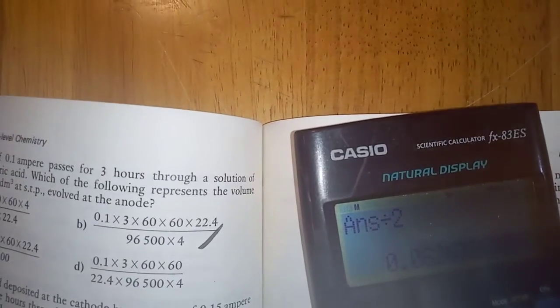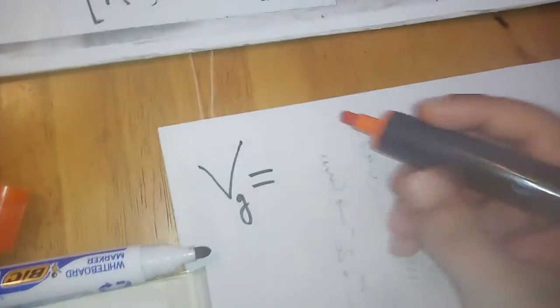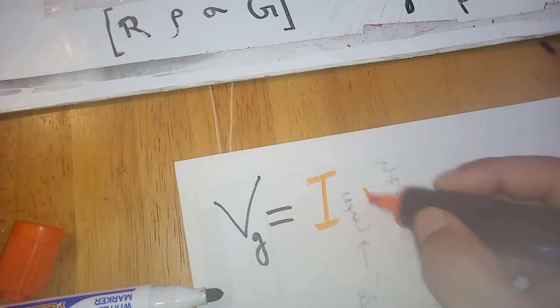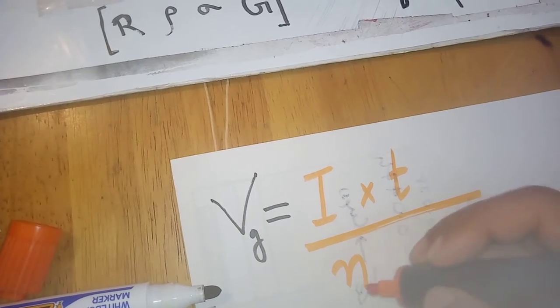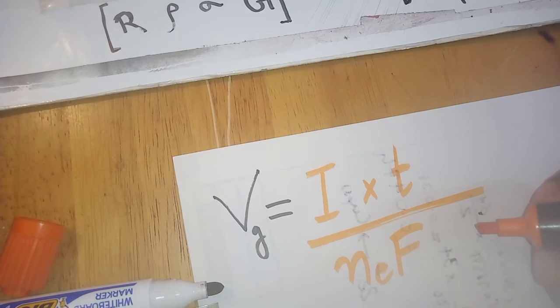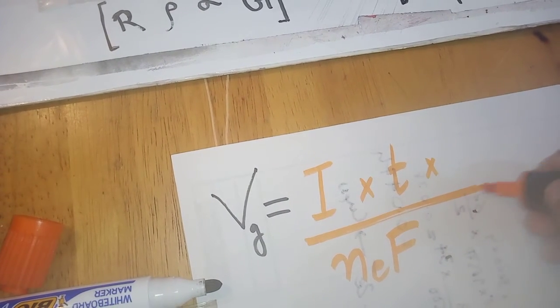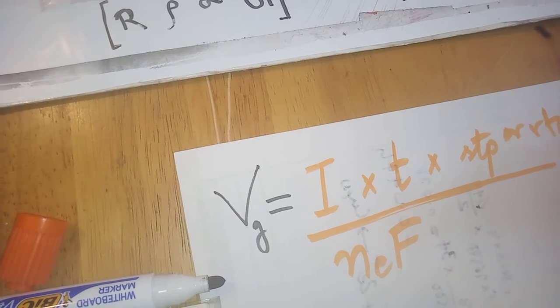So you have to take, volume of a gas released is the current times time over number of moles of electrons times F times STP or RTP.